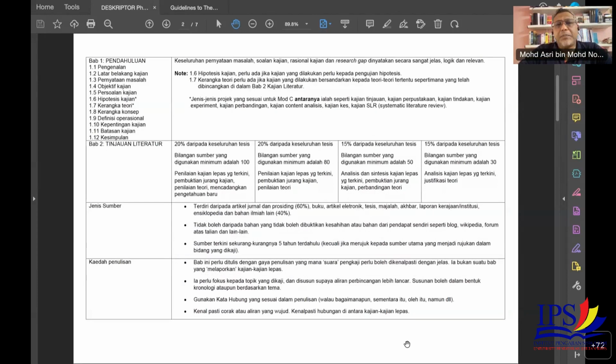It can be case study, and it can also be an SLR research, systematic literature review research. So there are many kinds of projects that you can undertake for your MOHD research or project paper.